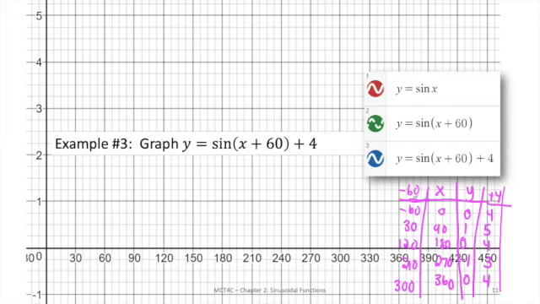Okay, so your final points here would be (-64, 3), (5, 4), (124, 2), (210, 3), and (304, 5).